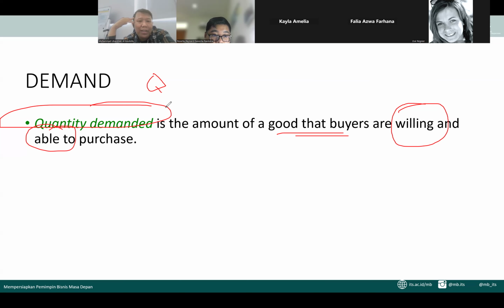This is a willingness, the desire. But no one of us is able to purchase a Ferrari. So we cannot call this a demand for a Ferrari, because even though we have a willingness, we are not able to purchase.